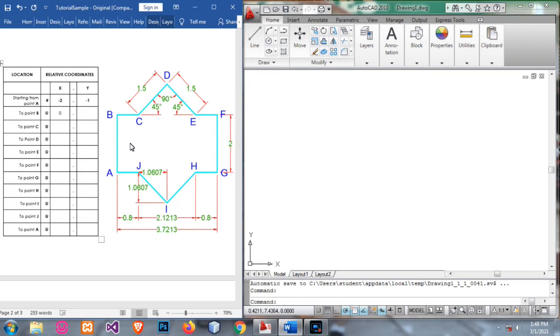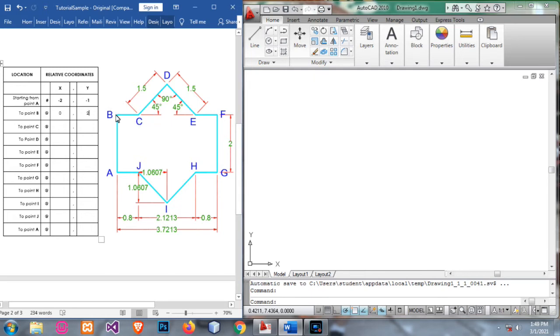When there is no movement, we will just input a 0 value. Alright? So from A to B, we move upward. So 0 plus 2 is equal to 2. So we will just input here positive 2. It's easy as that.